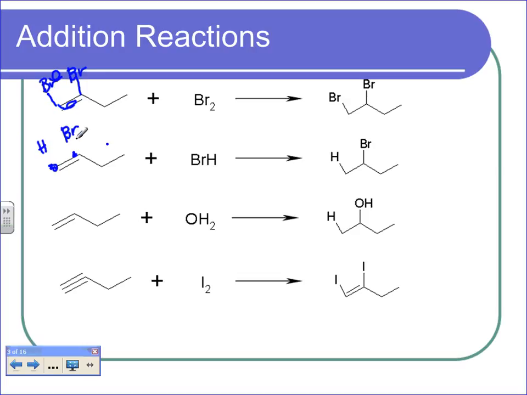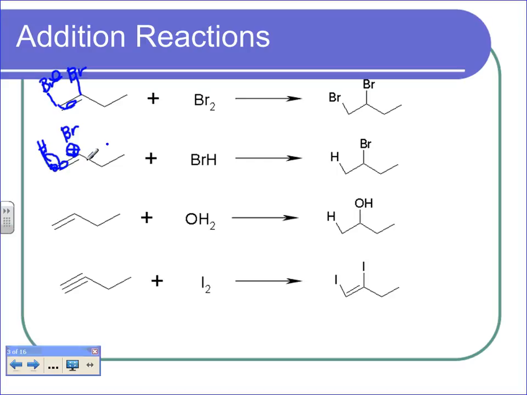The reason for this is that in the mechanism of the reaction, the hydrogen is actually going to attach first, and it's going to use the electrons from the double bond in order to form the bond. And what we're left with as an intermediate of this reaction is what we call a carbocation, a positively charged carbon, which is really unfavorable and unstable. And because it's so unstable, it would rather be in a spot that's more substituted or surrounded by electrons from other carbons.